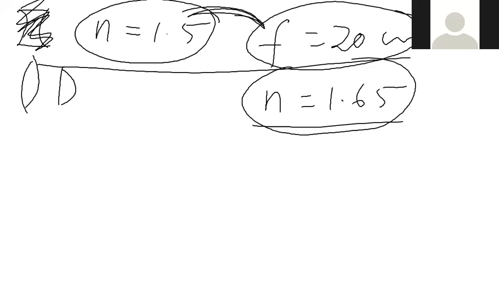So will it be plus 1 by 20 and minus 1 by 20? This is the focal length given, how can you get R from that? R is equal to F is only for mirrors. This is a lens.